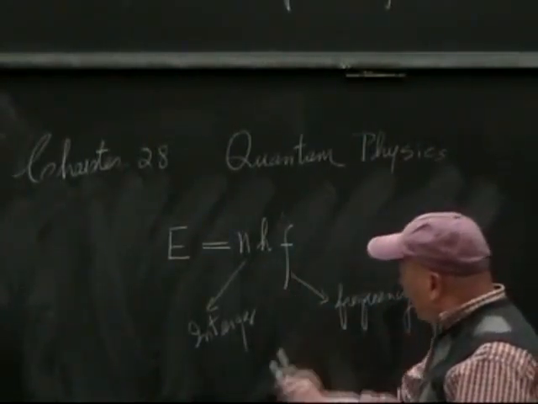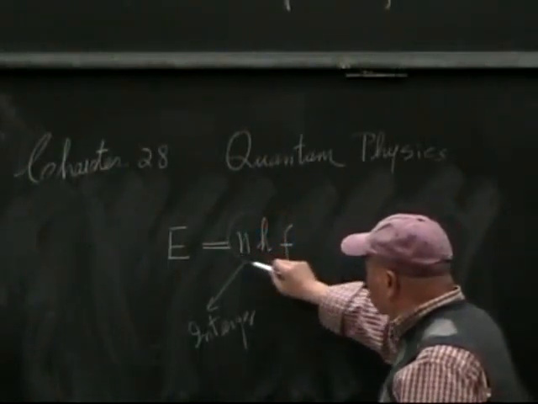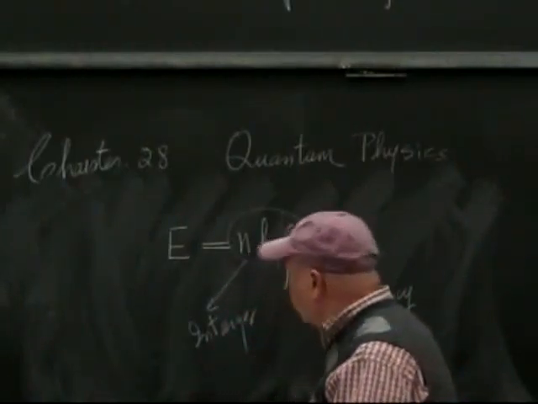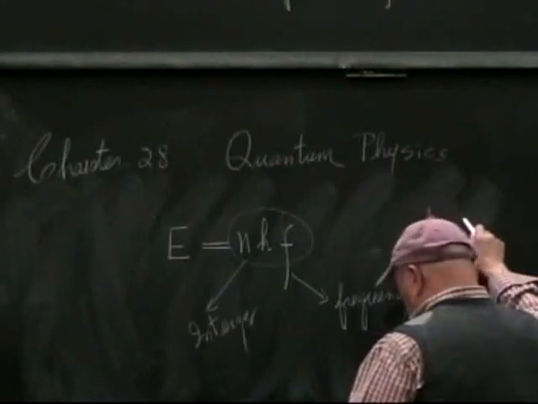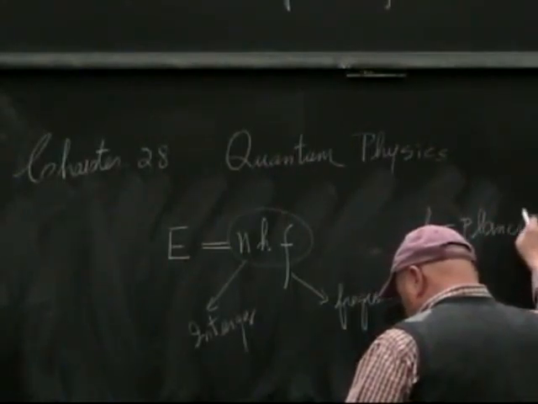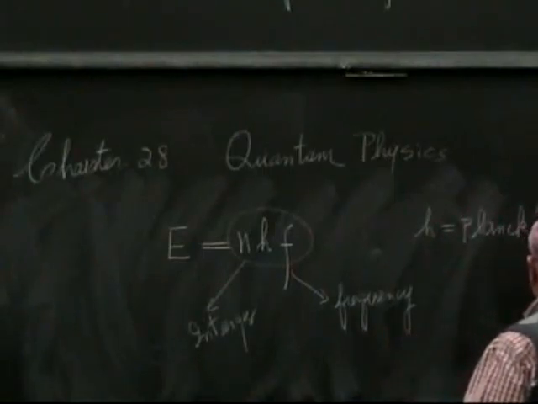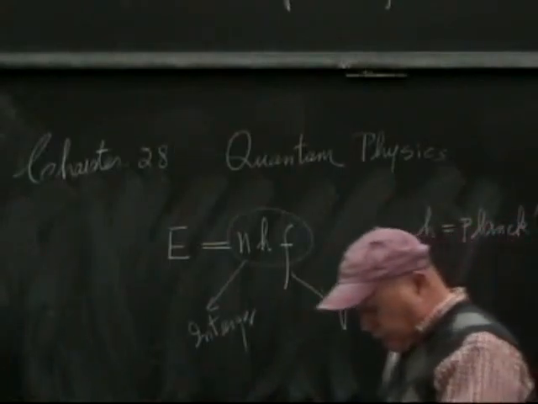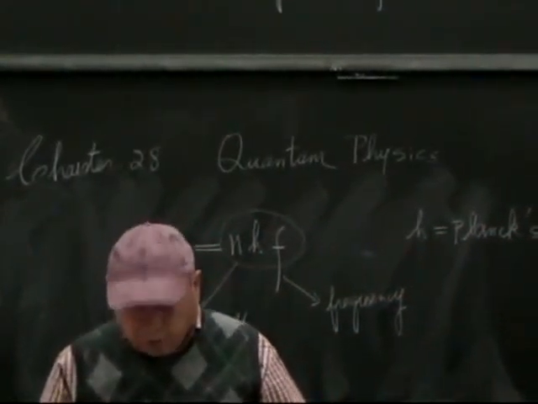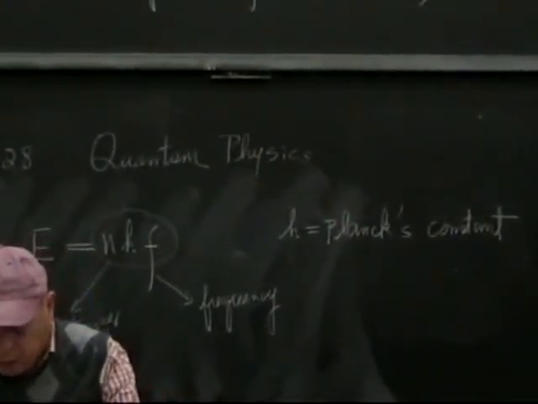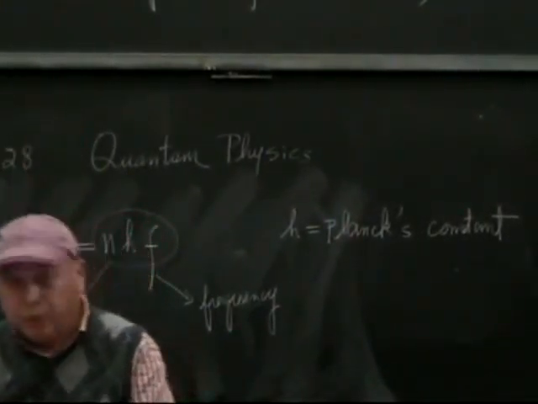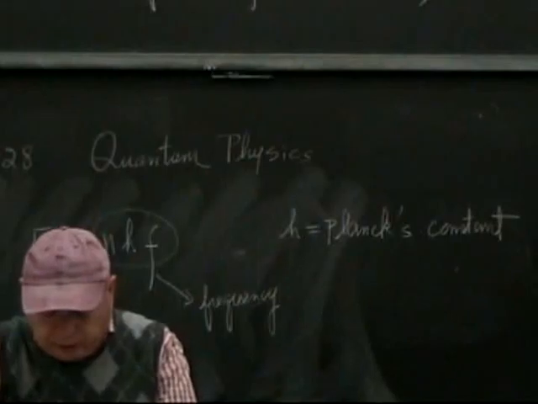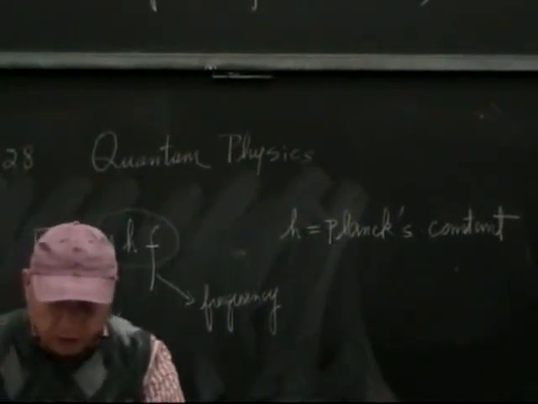So each photon carries the energy N h f, where h is Planck's constant. He used this model to build the black body radiation model, and based on it he derived all the equations.